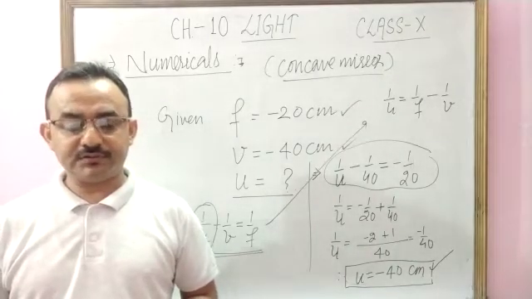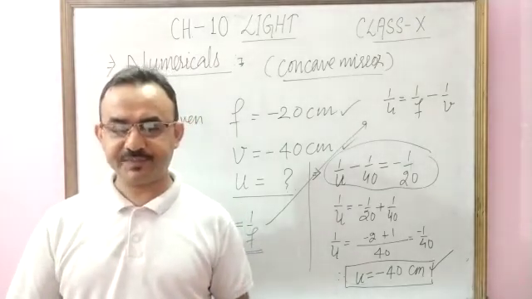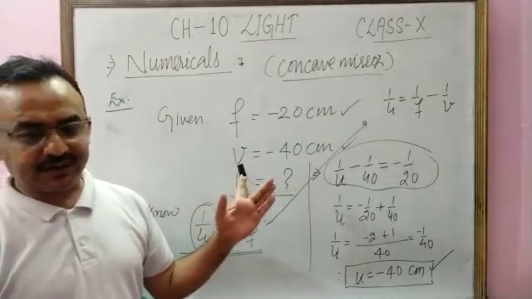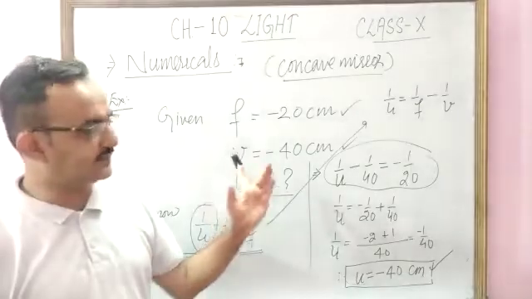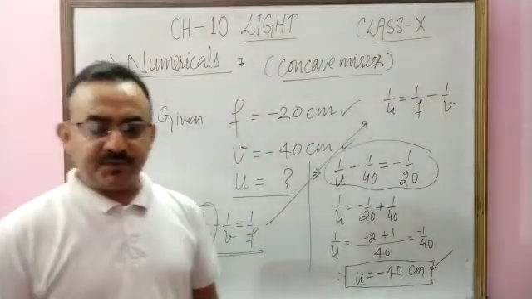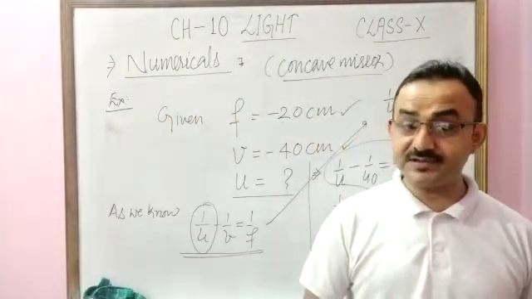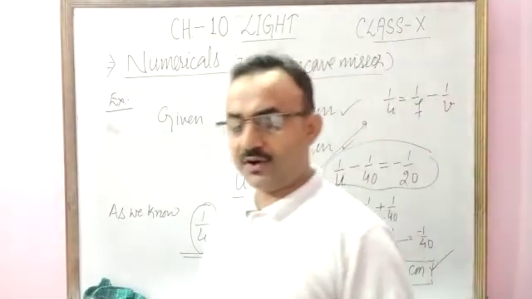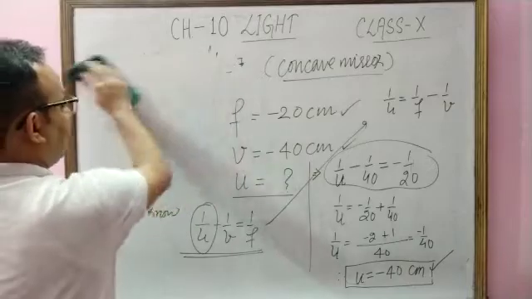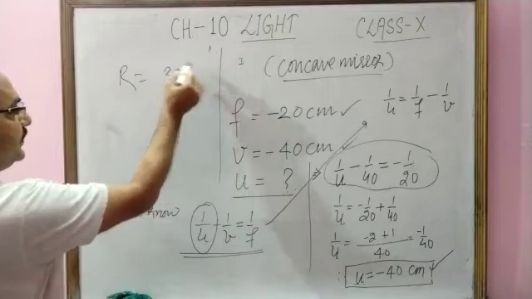A convex mirror used on an automobile, as we have studied in the uses of convex mirror. The automobile mirror has a radius of curvature of 3 meter.